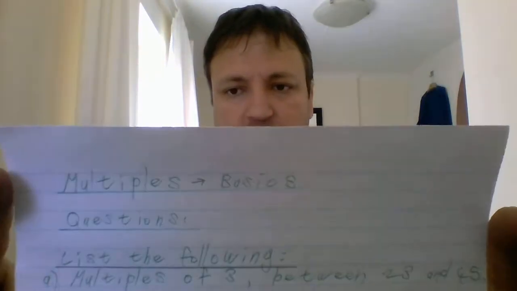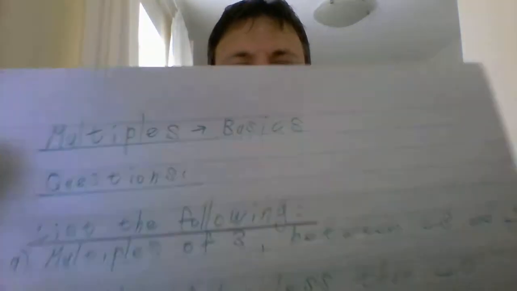But remember, the question specifically asks you between 23 and 45. They don't say less than 45. It's between 23 and 45. So the assumption you will have to make is that 23 and 45 are included.